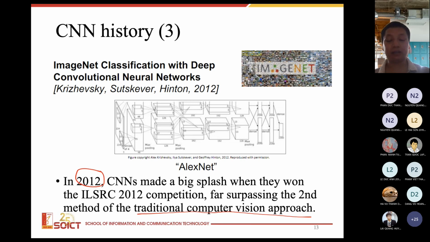By saying the traditional computer vision approach, I'm talking about the approach where you have to do manual feature engineering and then apply some kind of machine learning classification to predict the image label, right? And by using a CNN, you can automate the process in an end-to-end fashion.